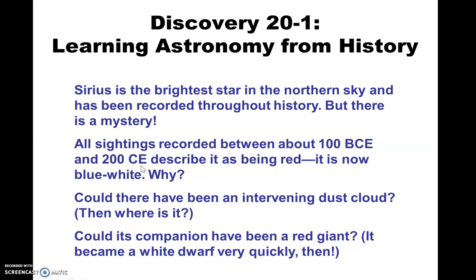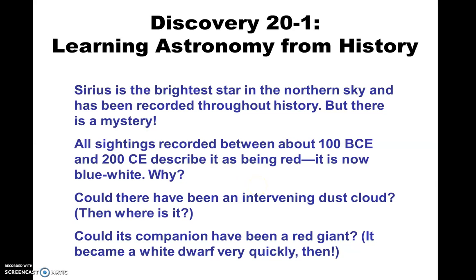We're in the Common Era right now. So during that 300-year period, it was noticed and recorded that the bright star Sirius was noticeably red. And if you look at it right now, it's definitely not red. It's a kind of bluish white star.